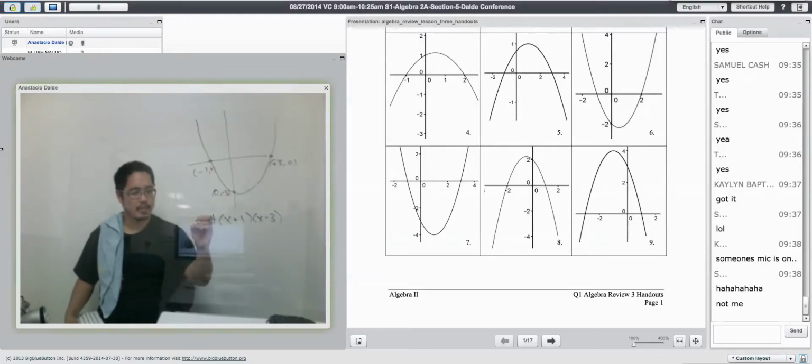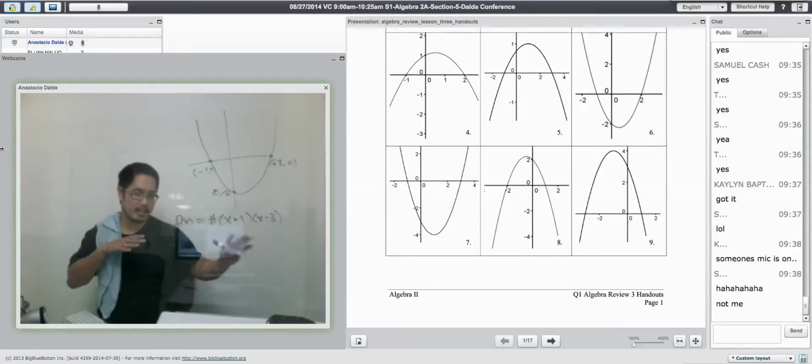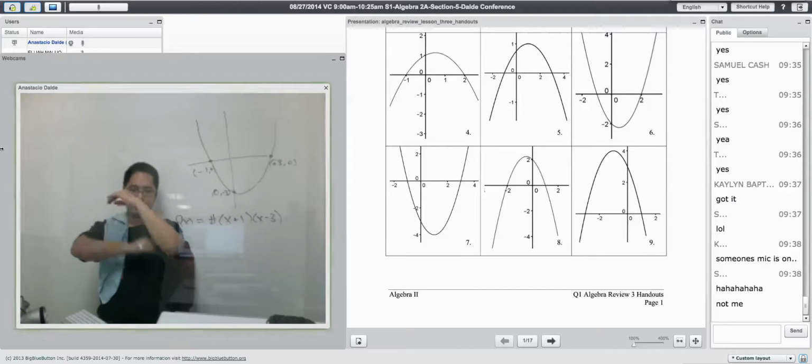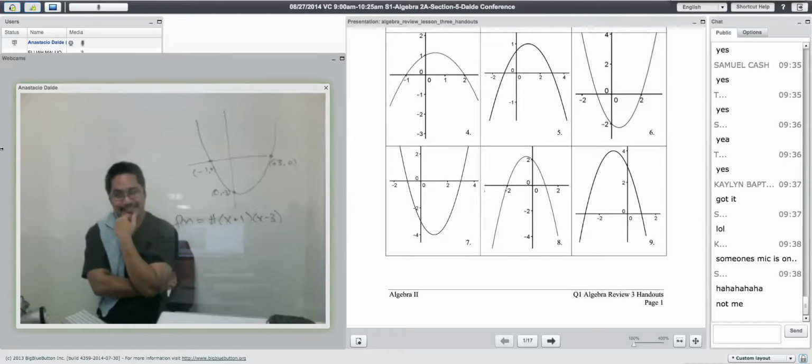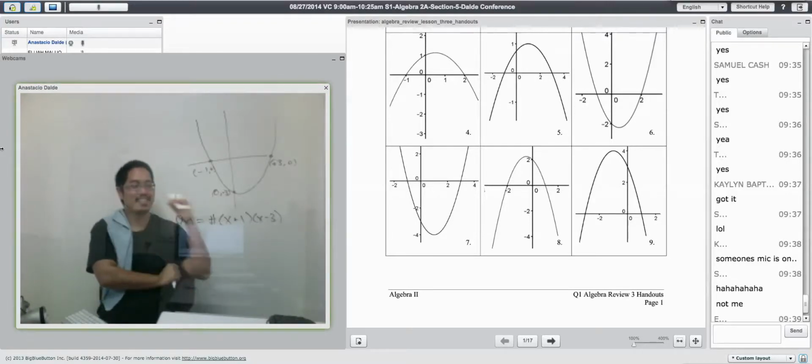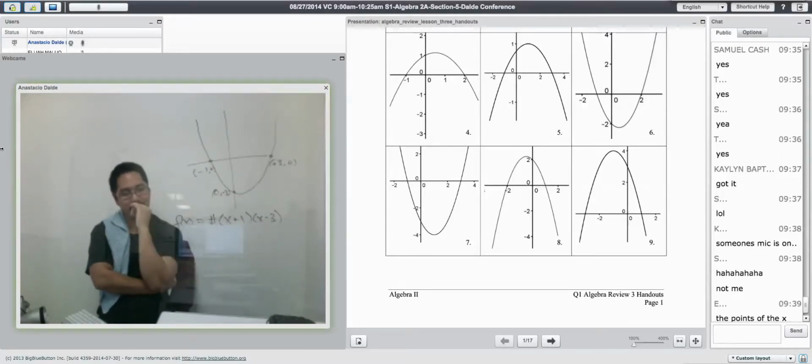But I would say that my function is going to equal something that looks like this. How do you think that I got that so quickly? What are your thoughts? How do you think that I got this part so quickly?